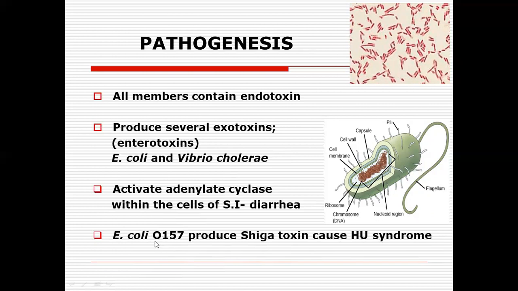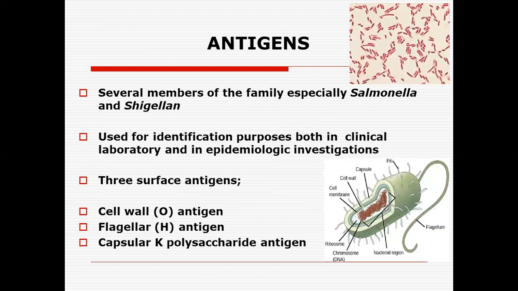So the pathogenesis of the members of the family Enterobacteriaceae is basically because of the production of endotoxins. They do produce exotoxins, and they cause diarrhea, and some of them have capsules, and they have pili that help them adhere to the intestinal mucosa, and later on penetration and release of toxins and the production of enterocolitic signs and symptoms.